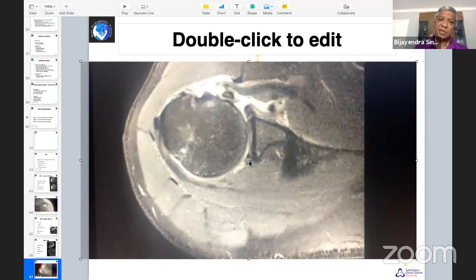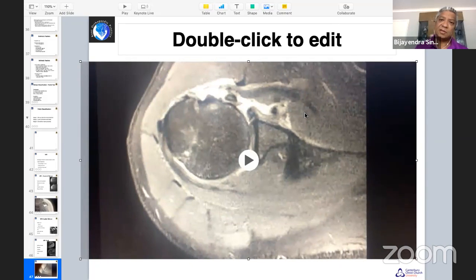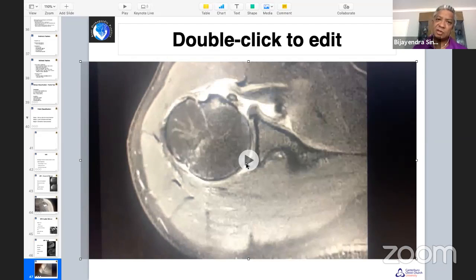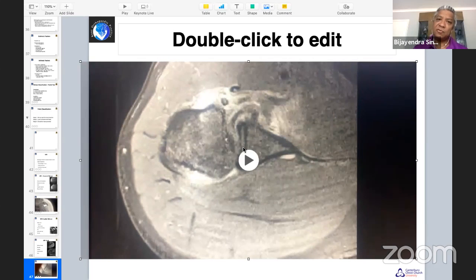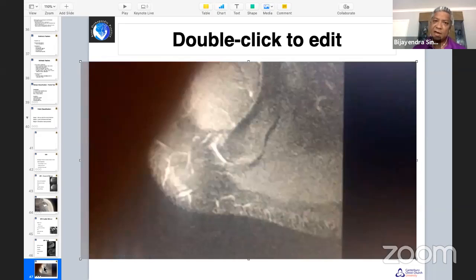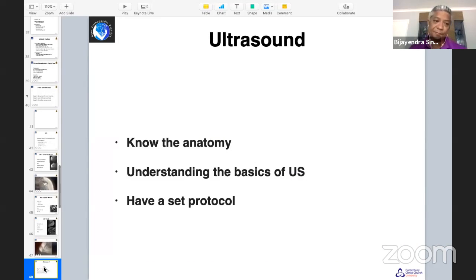And again, you can see this is the biceps tendon, that's the subscapularis, and it should normally be seen as a quite thick, robust band, almost like you would see an intact ACL. It's a fairly firm, thick structure that cannot be missed, and you can see the biceps tendon out of its groove. So this patient has got the subscapularis tear as well as the supraspinatus tear.